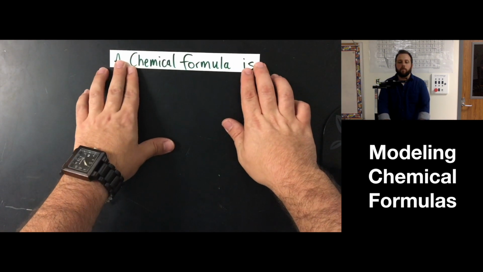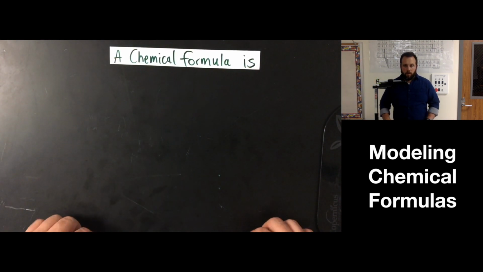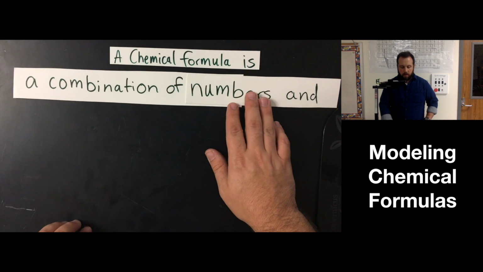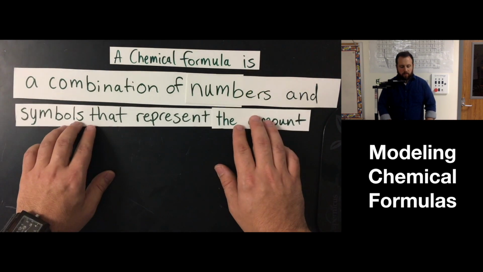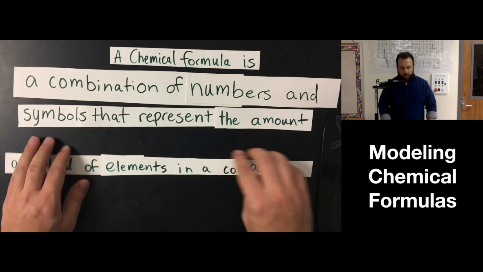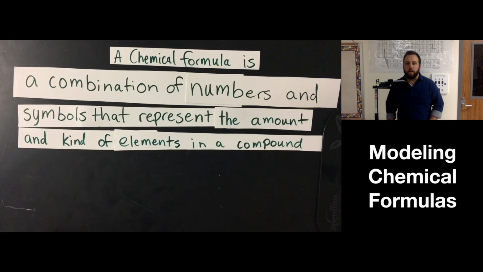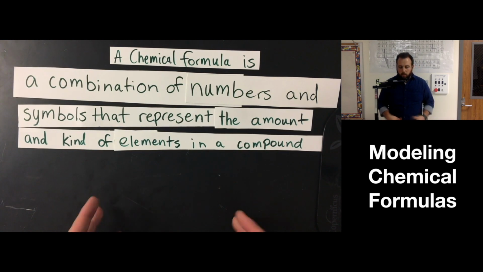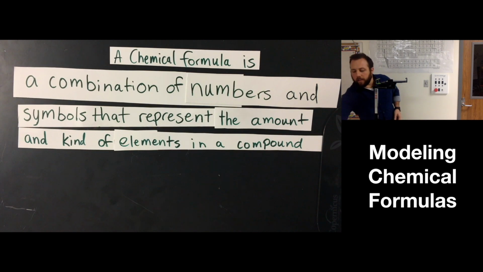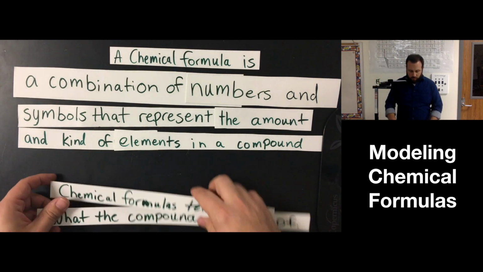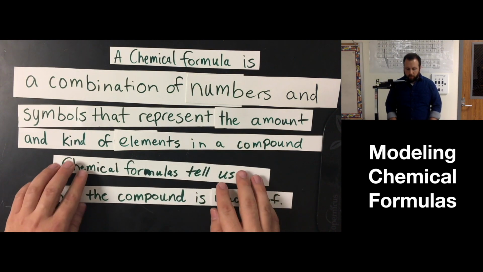So a chemical formula is a combination of numbers and symbols that represent the amount and kind of elements in a compound. So this chemical formula actually tells us what the compound is made of.